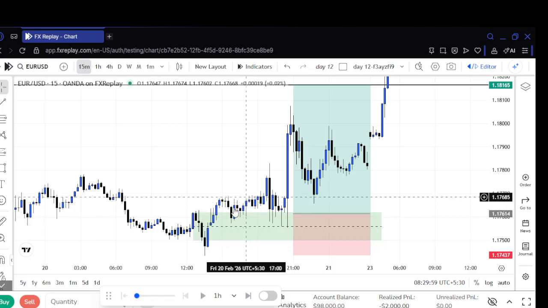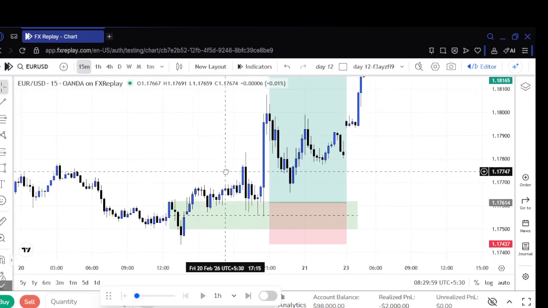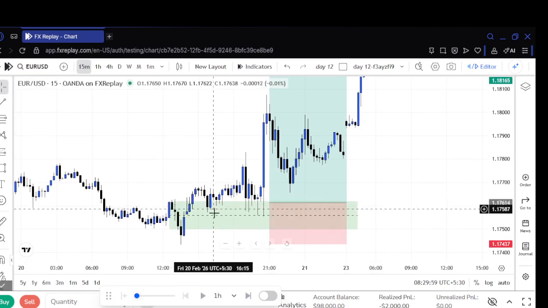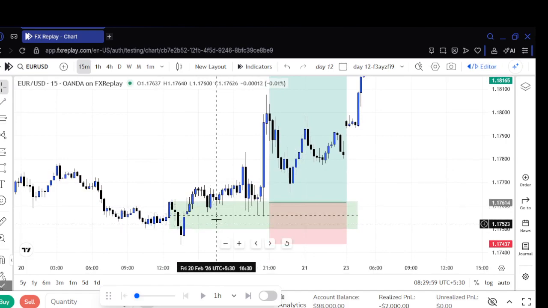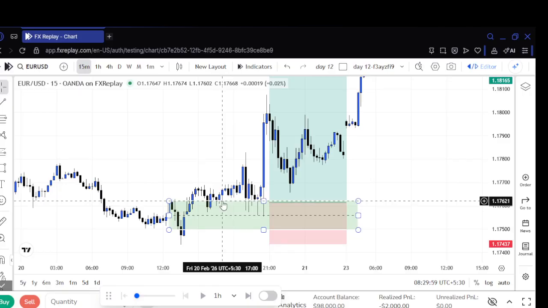After getting an engulfing here, we can enter here. Risk reward will be less, but our win rate will be good, because a retracement here is kind of rare. It sometimes triggers, sometimes does not trigger. Here we get a good entry, but risk reward is less, though win rate will be good.